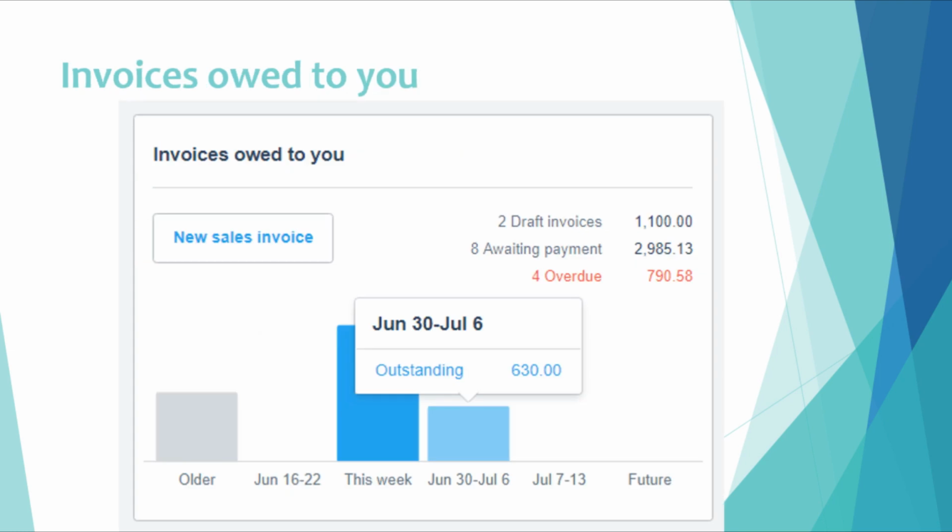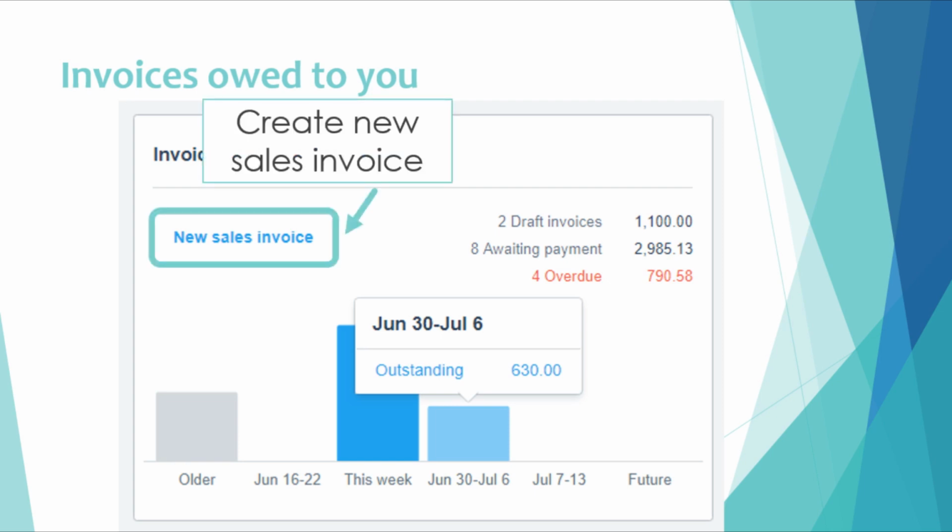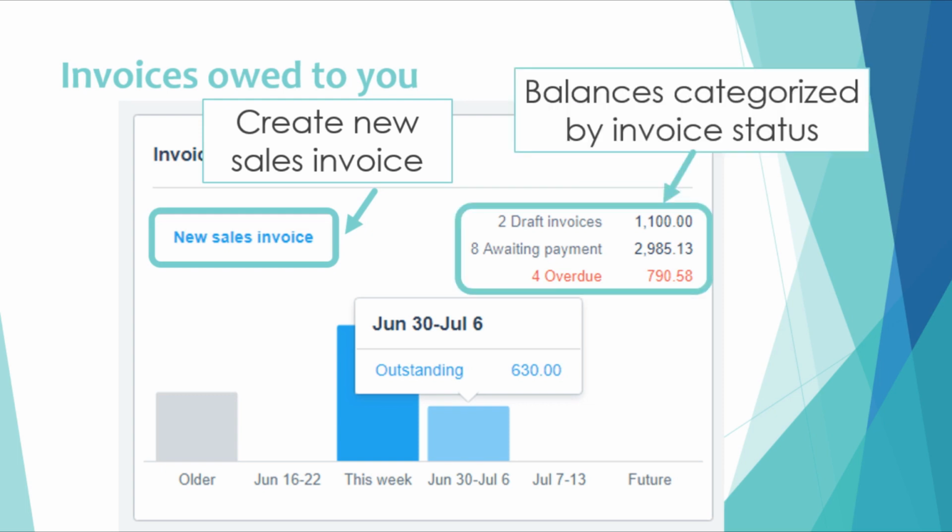Next up is your invoices owed to you. On this dashboard widget, you can click on the New Sales Invoice button to create a new sales invoice, or you can check all these balances at the right part of it: how much is in invoices currently in draft status, how many invoices are awaiting payment, and the total amount of the awaiting payment invoices.